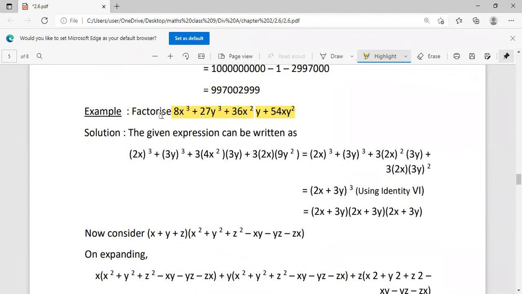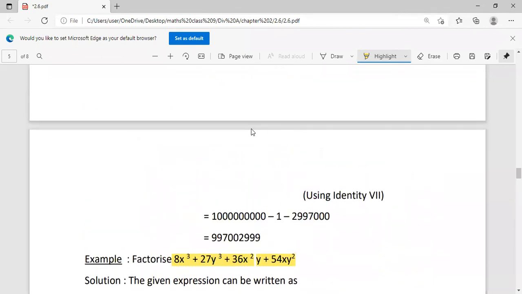We can write this given expression as 2x the whole cube plus 3y the whole cube, so x becomes 2x and y becomes 3y. Then we write plus 3 into 4x squared into 3y, plus 3 into 2x into 9y squared, and compare it with identity 6.